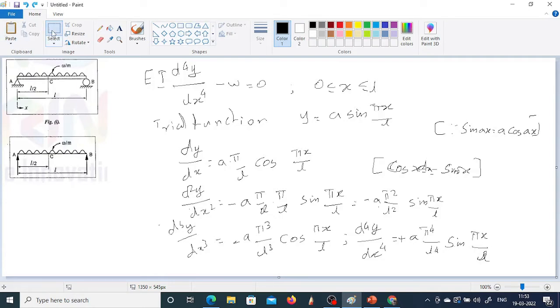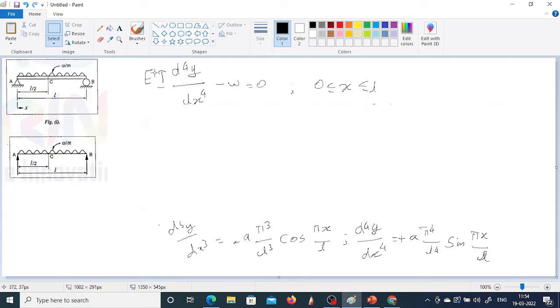Now I can substitute that equation into the given differential problem. Here what I have is EI into d power 4 y by dx power 4 minus w is equal to 0, which is the governing equation.